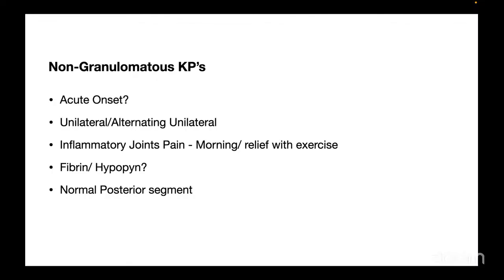Yes, miotic pupil. What are the causes of photophobia? Ciliary spasm, sir. Yes, definitely ciliary spasm. The next question to ask is whether it is unilateral, happening only in one eye, or alternating, sometimes in the right eye and sometimes in the left, or recurrent.